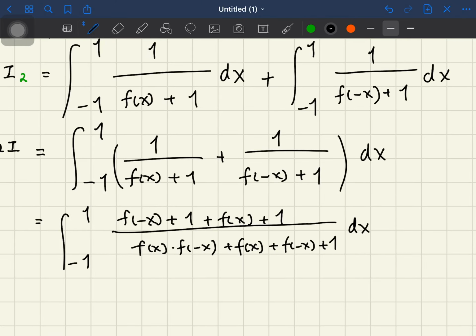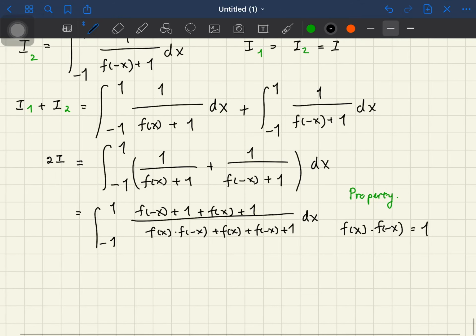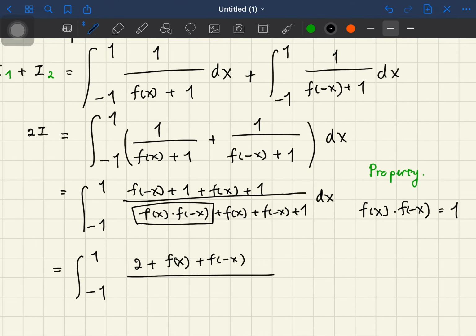So recall the property of the function: if f(x) multiplies with its conjugate f(-x), you will have 1. So we just substitute this with 1, and inside there we have the fraction 2 plus f(x) plus f(-x), and then in the denominator, 1 plus 1, you have 2, and then f(x) plus f(-x), and then the entire thing dx.